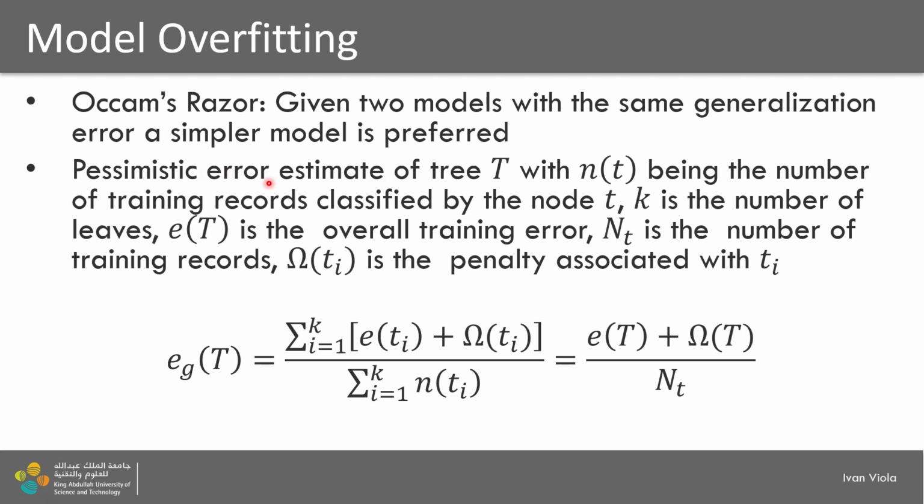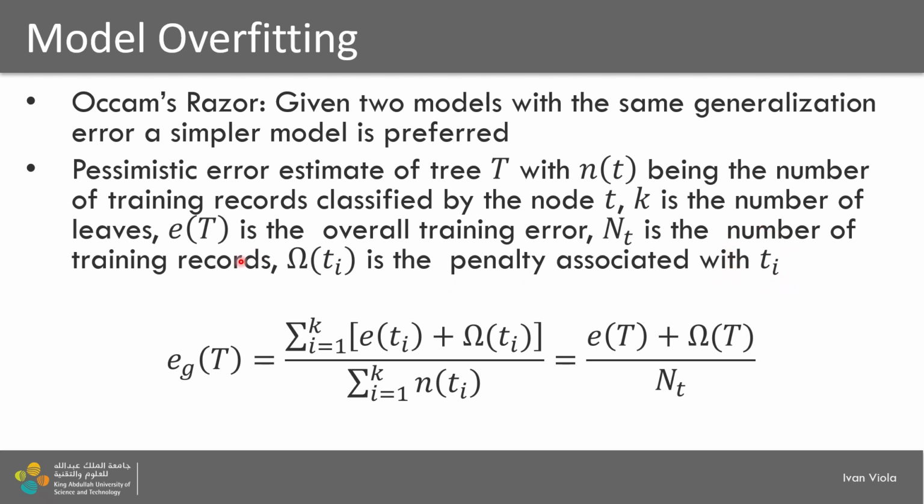So, the pessimistic error estimate of a decision tree T, with n_T being the number of training records classified by the node T, where K is the number of leaves, and E_T is the overall training error, and N_T is the number of training records of the entire training data, and then omega T_i is the penalty associated with the node T_i.